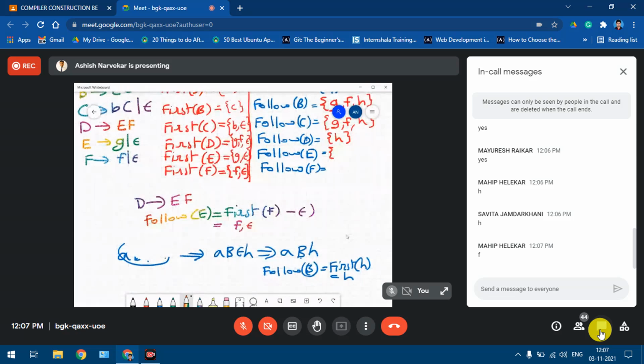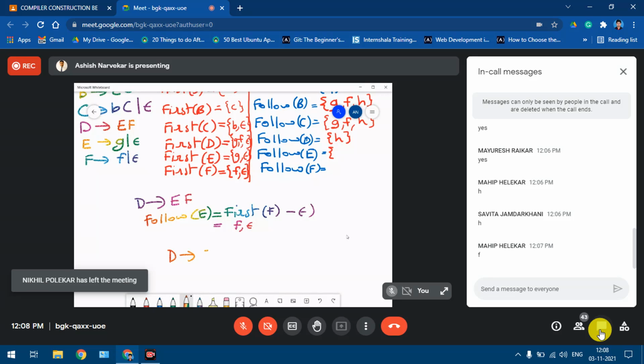So one thing is for sure: if I just rewrite this particular production by substituting whatever elements are in first, what we'll get is D derives E F or D derives E epsilon.